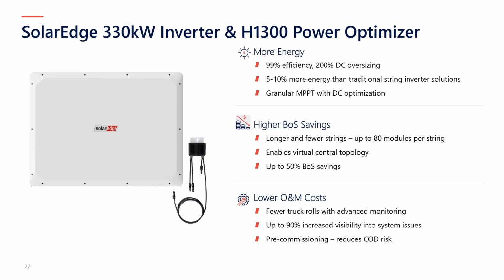Some key features of this inverter is we can go up to 200% oversizing on this inverter and up to 80 modules per string, depending on the module wattage. Similar to our commercial inverters, the 1000-volt inverters, we typically see anywhere between 50% BOS savings, and it comes with almost the same features as our 1000-volt inverters.